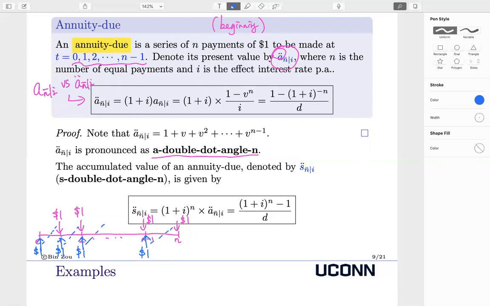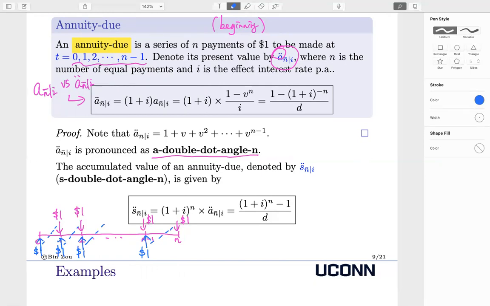Right? So the payments in blue will be paid 1 year ahead of the corresponding payment in pink. That means when I do discounting for each one, the number of years to be discounted will be exactly one less for the blue than for the pink.